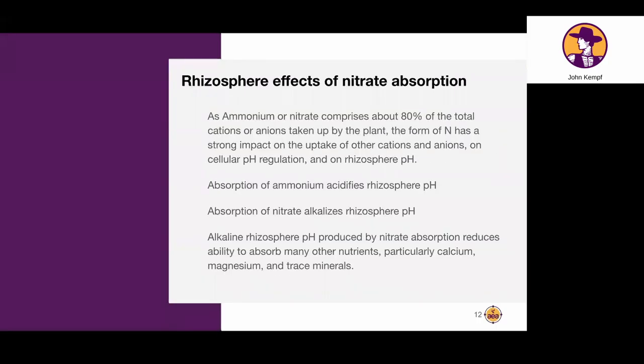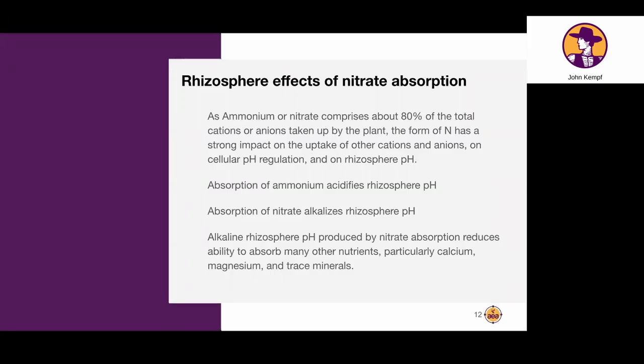Let's look at what happens when plants absorb nitrate. Let's look at what happens in the rhizosphere. So this first paragraph is a direct quote from this book, Mineral Nutrition of Higher Plants. It says, as ammonium or nitrate comprises about 80% of the total cations or anions taken up by the plant.